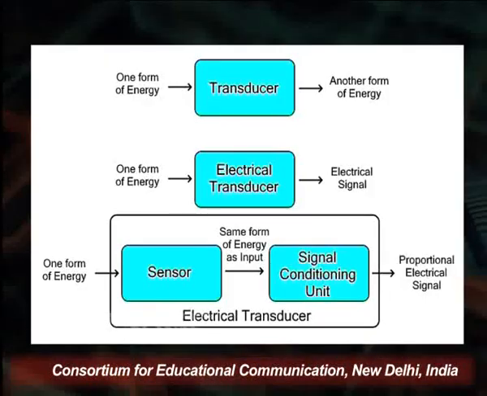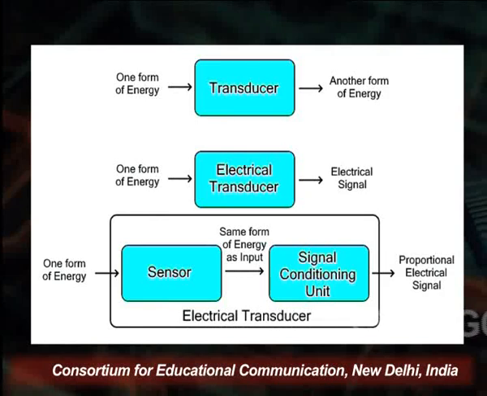Now we see on the screen the basic schematic diagram of transducers. One form of energy is converted through the transducer into another form of energy. We see here that when electrical transducers are used, one form of energy is converted into an electrical signal. Now you see at the bottom that we have an electrical transducer containing two components.